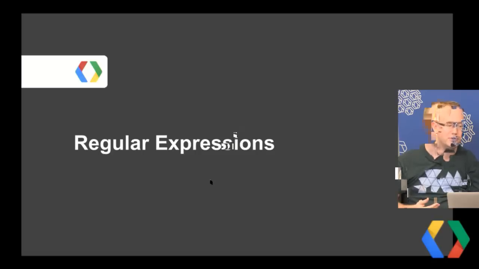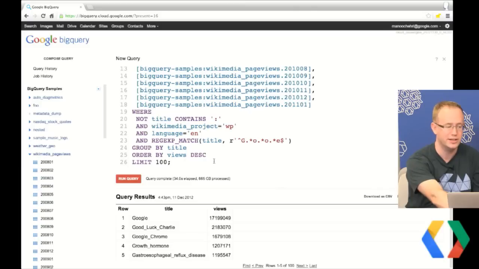And because of the columnar data store, we actually only had to process about 665 gigabytes of data. But it's still a massive amount of data to find the result that Google, over the year 2010 and the first month of 2011, was the most popular viewed Wikipedia page with, I think that's 1.7 million views, if I'm reading that right.